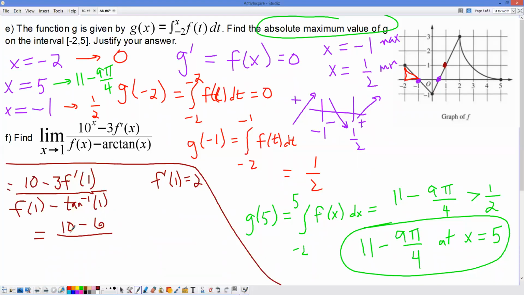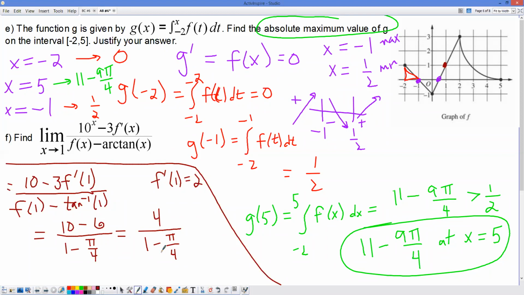And in our denominator, we've got f of 1, and the y value at x equals 1 is 1. So that's 1 minus pi over 4, or 4 over 1 minus pi over 4, which is also acceptable. That's good enough. You don't need to simplify it any further than that.